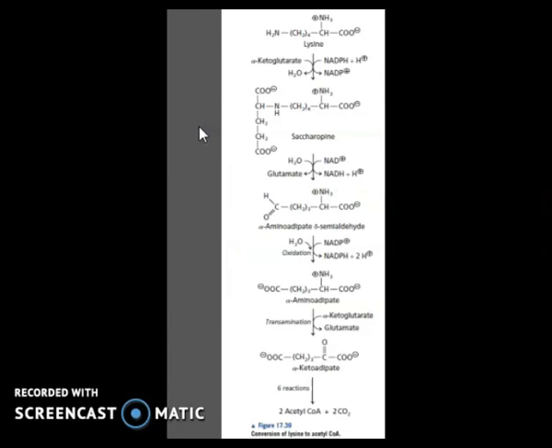Okay, the last one is lysine. The main pathway for the degradation of lysine generates the intermediate saccharopine, the product of the condensation of alpha-ketoglutarate with lysine. Sequential oxidation reactions produce alpha-aminoadipate, which loses its amino group by transamination with alpha-ketoglutarate to become alpha-ketoadipate.